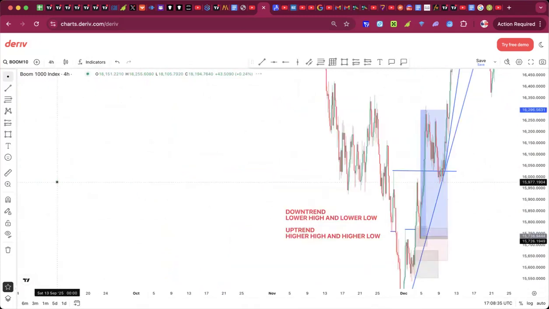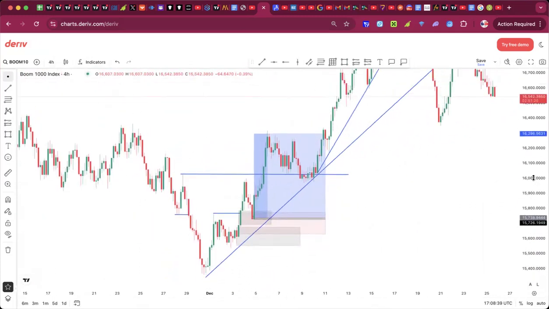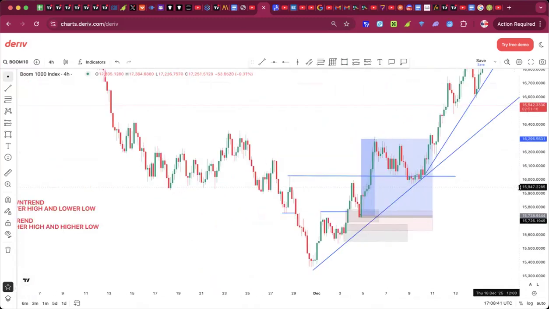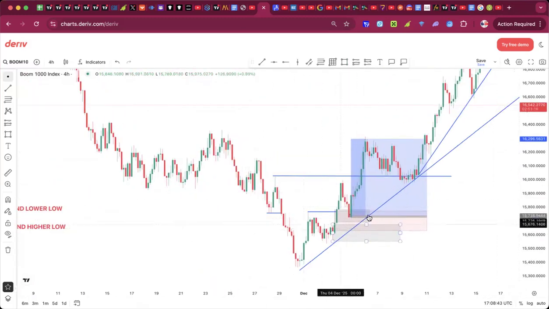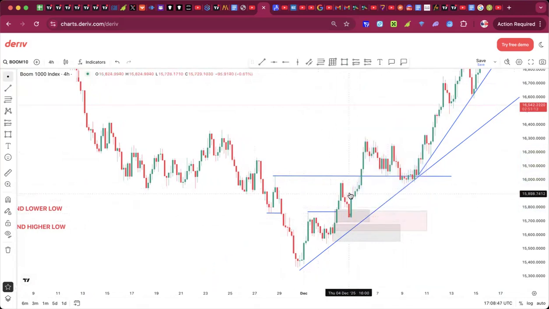So let's go to 4 hours. Now, this thing I'm giving, I want it to be as simple as possible. Now, there's something lovely that has happened here. Let me tell you something lovely that has happened here. It was a break of structure. There's another break of structure here. Let's quickly take it.